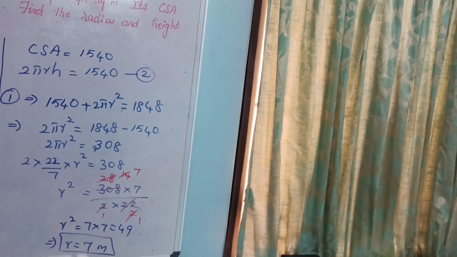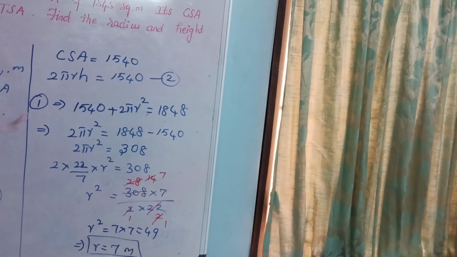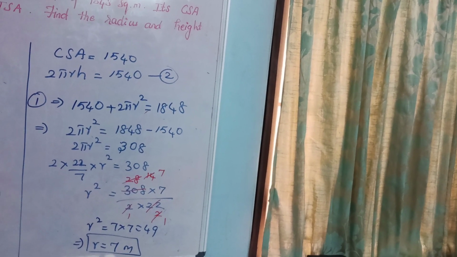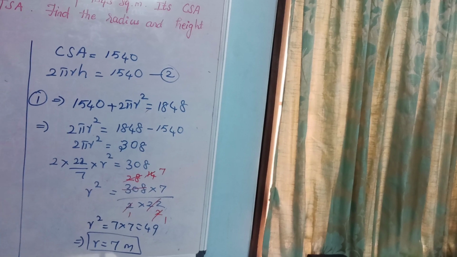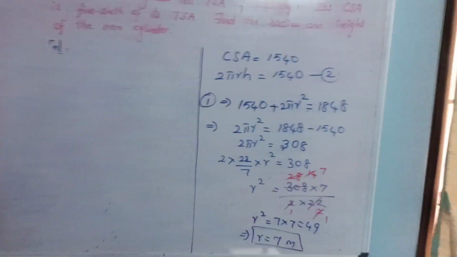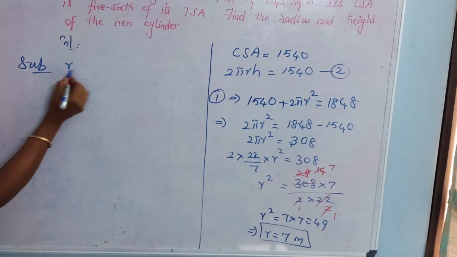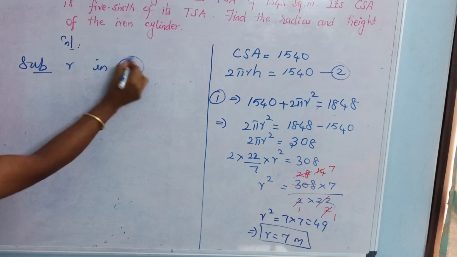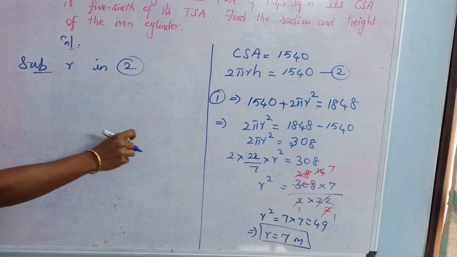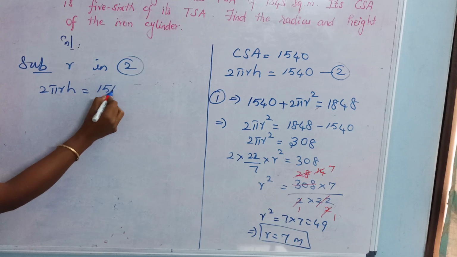Now we have to find the value of h. To find the value of h, we have to substitute the value of r in equation number 2. Equation number 2 is 2πrh equal to 1540.